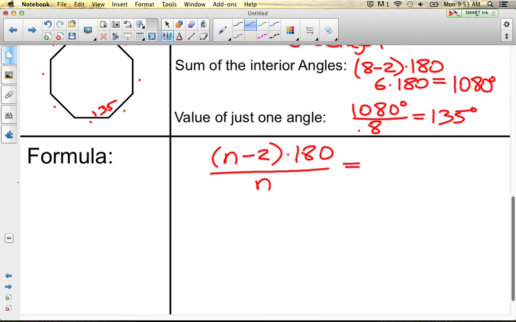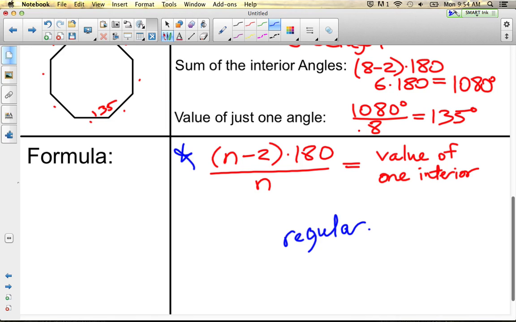So n minus 2 times 180 divided by n gives you the value of one interior angle. But I hope you've been paying attention. You can only use this formula if your polygon is what? Your polygon must be regular. Let's move on.